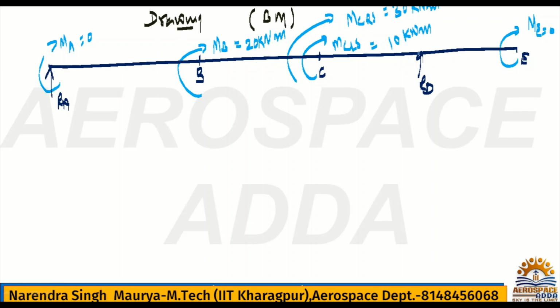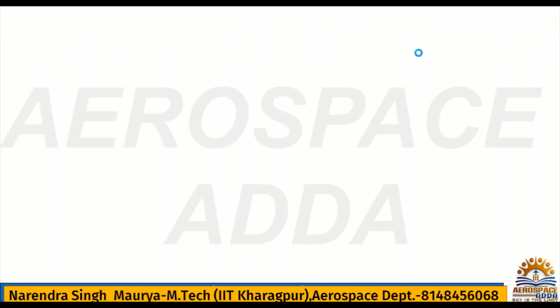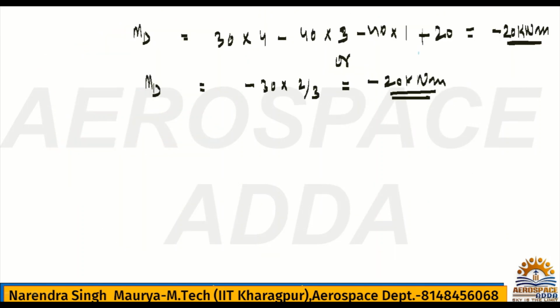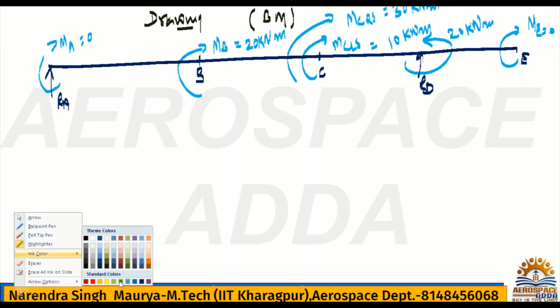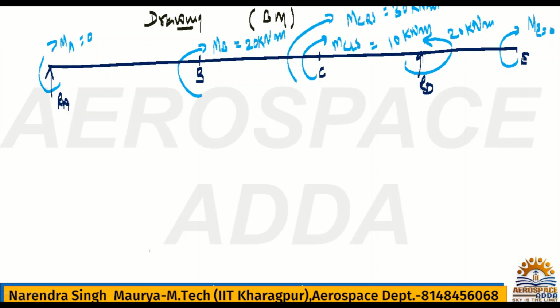And at point D, what is the moment you have calculated just now? It is minus 20 kilonewton meter, which means anti-clockwise. Now you extend all the points downside.